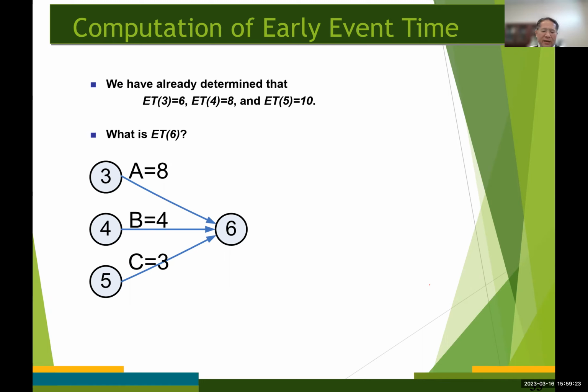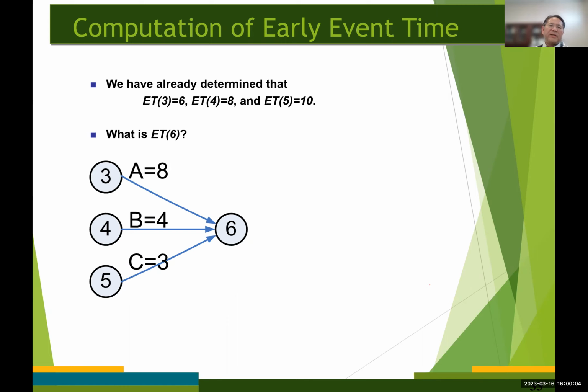So to illustrate how the earliest time can be calculated, let's consider a segment of the AOA project network diagram like this. We assume that we already know the earliest times for events number 3, 4, and 5 are 6, 8, and 10, okay? And we'd like to determine the earliest time for event number 6.